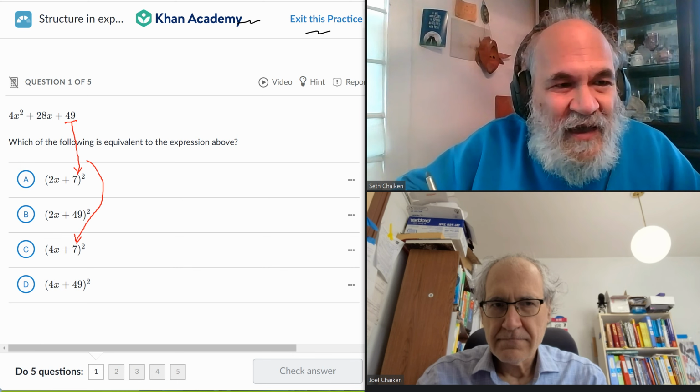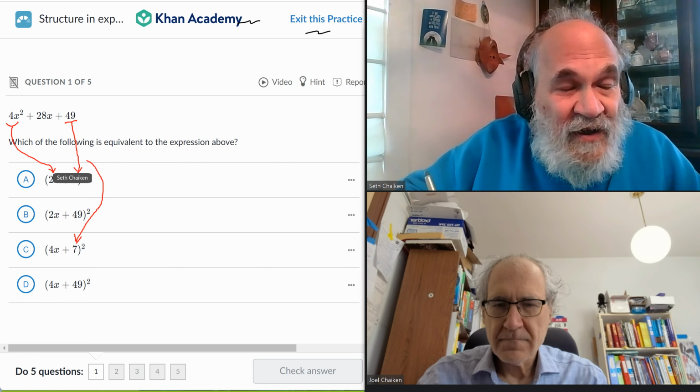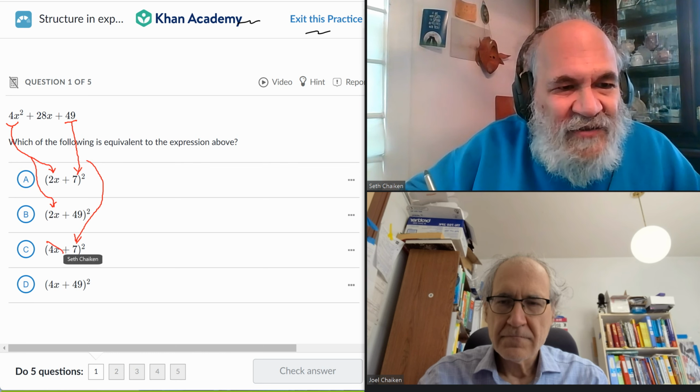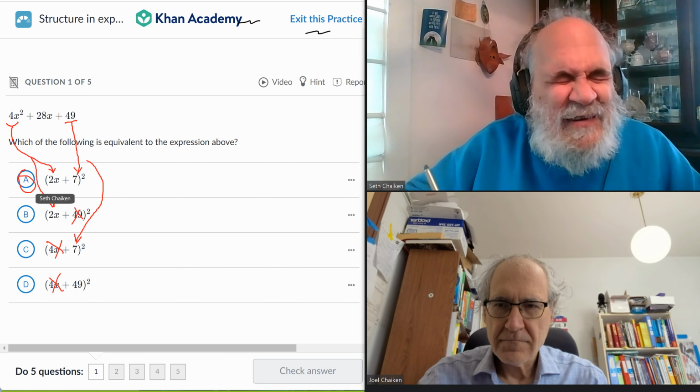And this 4x squared means that there must be a 2x for the variable term. Okay, so that rules out C, it rules out D, and it rules out B. So A is the answer.